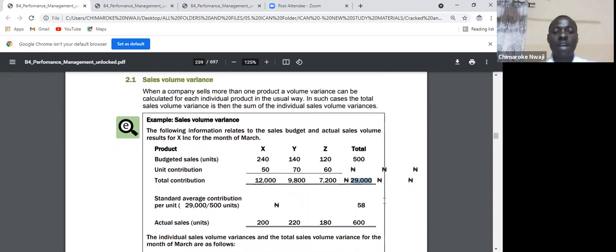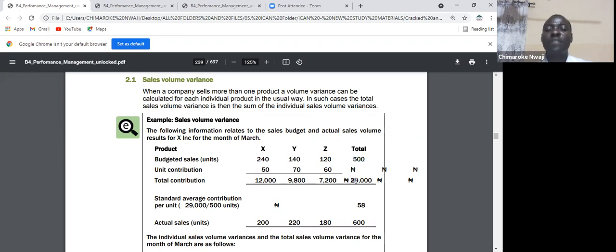All right, so now when we have 29,000 naira as our total contribution, what is the standard average contribution per unit? So what we'll do now is total contribution is 29,000. How did we get this 29,000? By selling 500 units. We budgeted to sell 500 units.